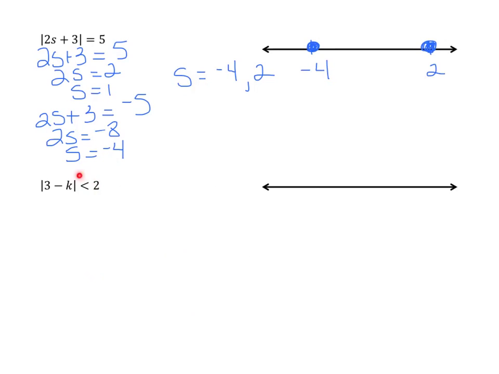The next is my inequality. This is a less than, so it's got to be and. The way that I will set this up is I will say -2 is less than 3 minus k. Then I will say 3 minus k is less than +2.